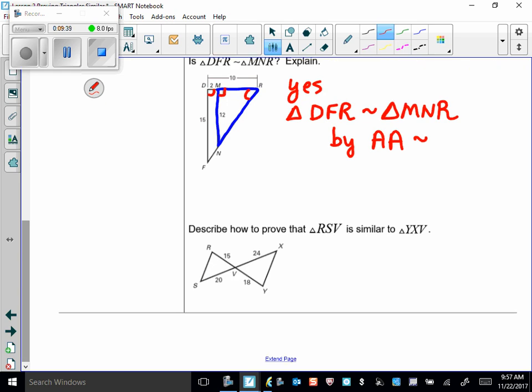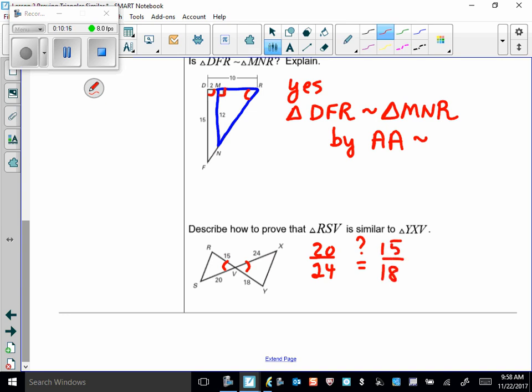Okay, how about this? Describe how to prove that triangle RSV is similar to YXV. Well, I got two sets of corresponding sides, and I got these angles, right, vertical angles, so it looks like I'm going to have to use side angle side, but first I got to check to make sure the corresponding sides are proportional. So in other words, is 20 over 24 equal to 15 over 18?